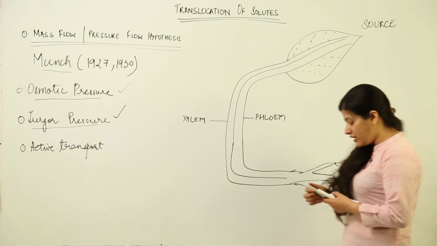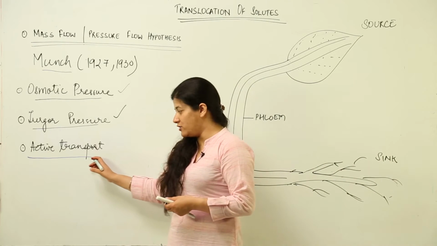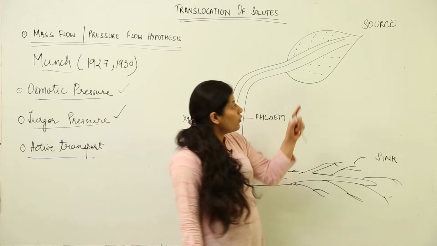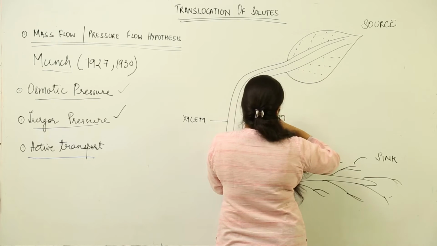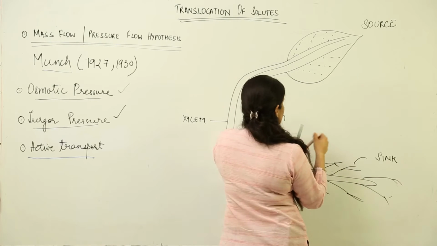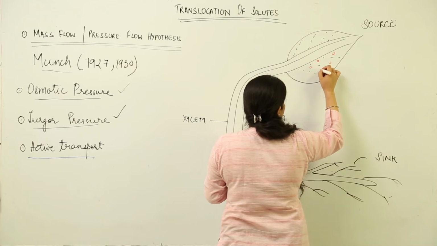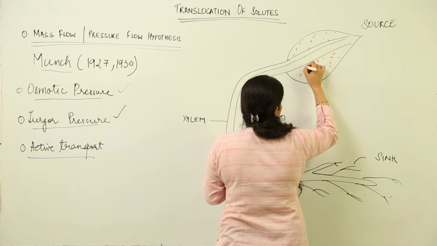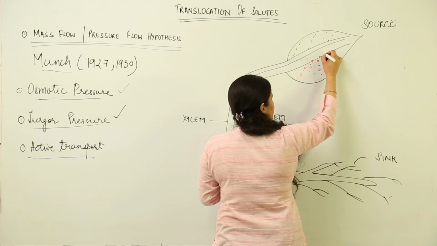First of all, you have to keep in mind that by active transport, that means by utilization of ATP, the photosynthates being produced inside the source in the leaf cells will be transported into the phloem actively. Alright.